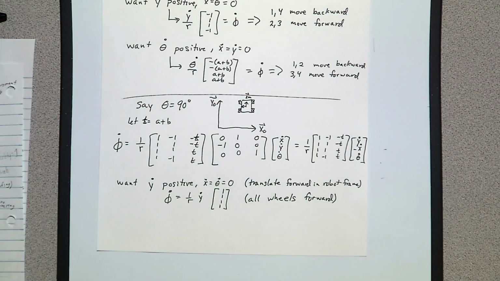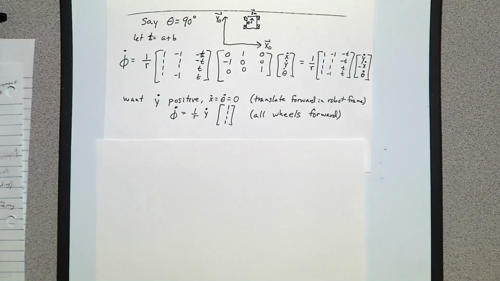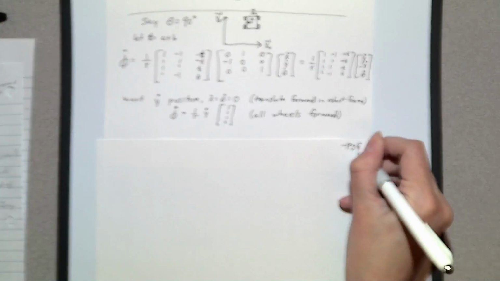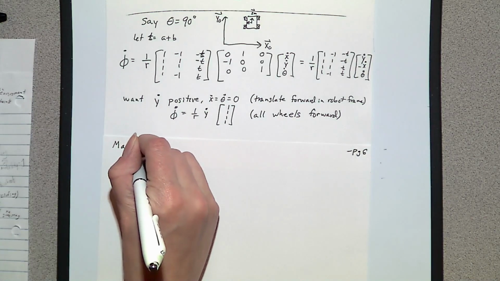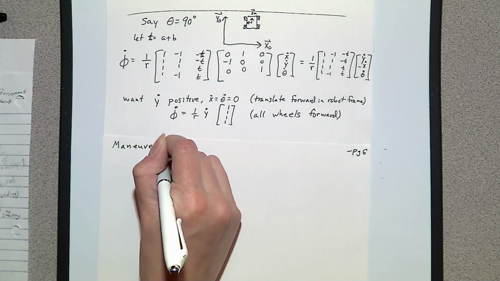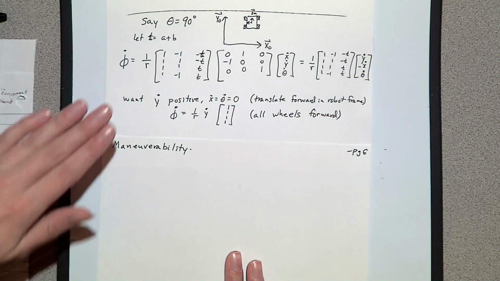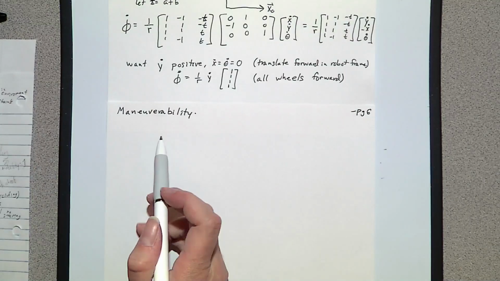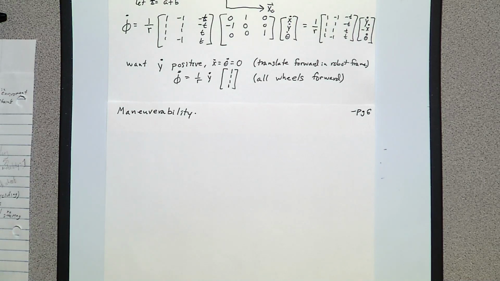And so when we're talking about kinematics of mobile robots, there are a few other terms that are of interest to us. So one of these is maneuverability. So this describes basically how easy or hard it is to reach certain spaces in our robot workspace.